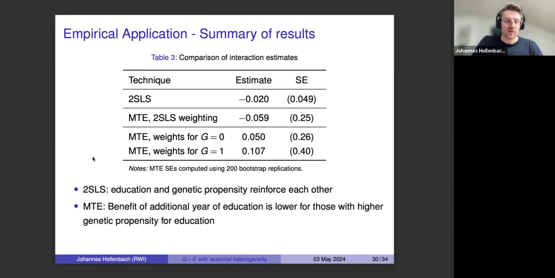But estimating marginal treatment effects and eliciting the true interaction effect would lead us to believe that the benefit of the additional year of education is actually lower for those with higher genetic propensity. That would lead us to the opposite conclusion: that education would be able to offset the effect, or would benefit those with lower genetic propensity for education. But again, like I've mentioned, standard errors are a big issue. We're just not able to estimate the effects very precisely.